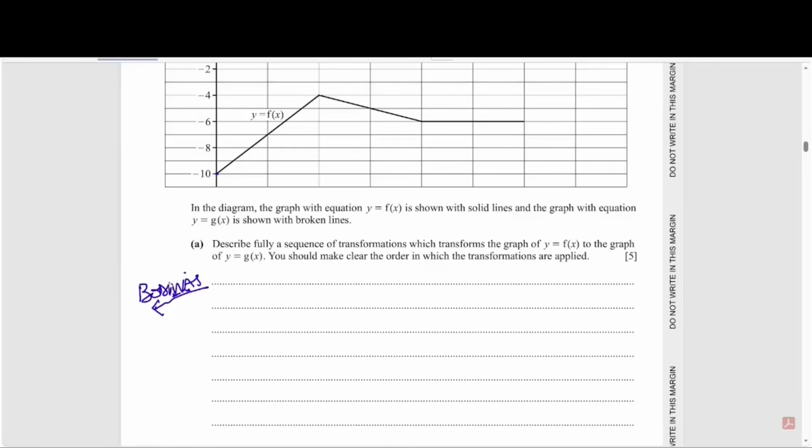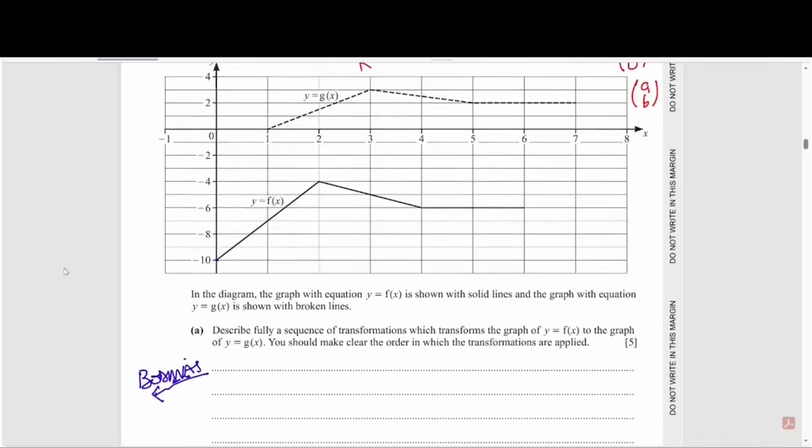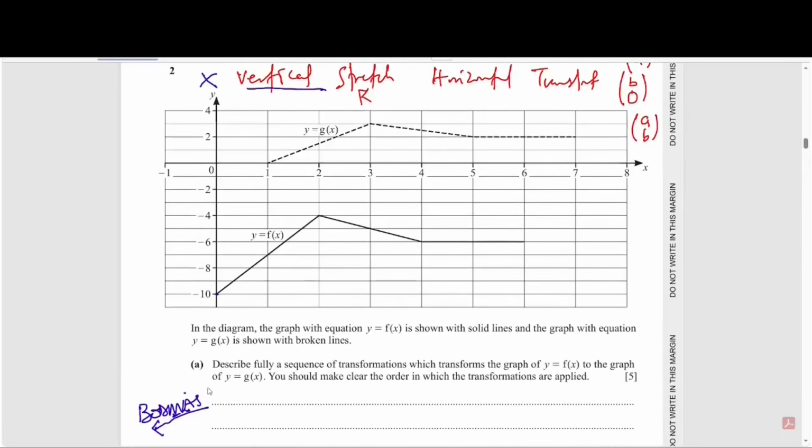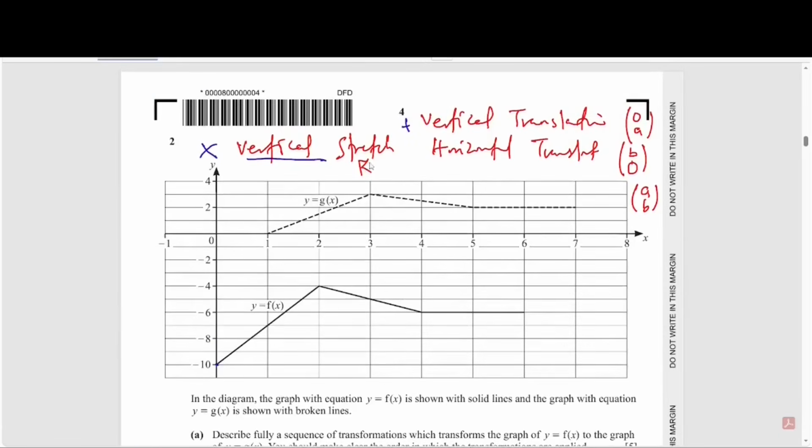But since both of these are vertical, we do multiplication, which is the stretch, first before the translation, which is addition or subtraction. And once the vertical stretch is done, then we have a vertical translation and a horizontal translation. Between the two, you can do any one of them first, or you can even add both of them and do them at the same time. You still get the same results.